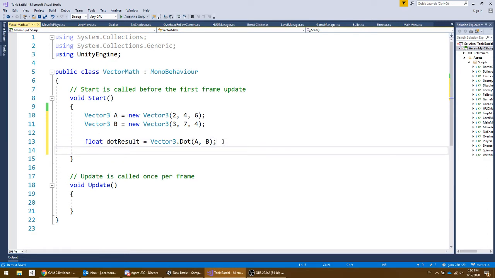The way you could calculate this yourself, if you don't have access to this function, or if you want to write it out yourself, if you want to modify it in some way, or if you want to do the calculation by hand, is instead writing it out.